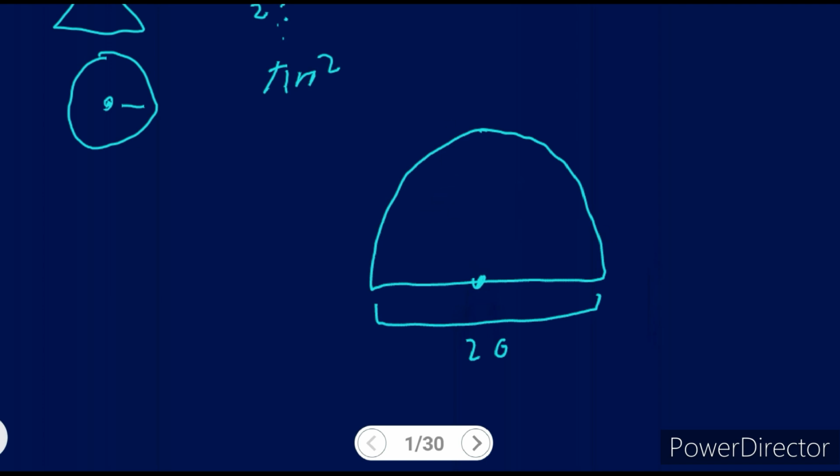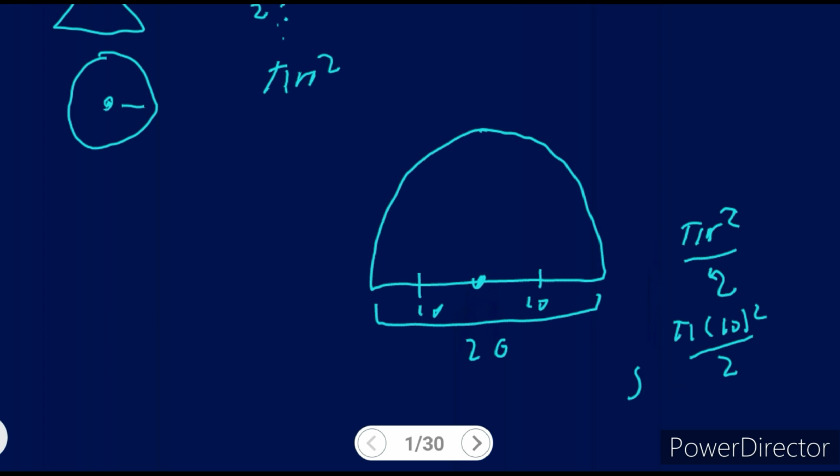Since it's a diameter, we know the radius is 10, and the formula is pi r squared, but you'll divide it by 2 because it is half. So it's just going to be pi times 10 squared over 2, which means we're going to have 50 pi. Yep, so that's how it is.